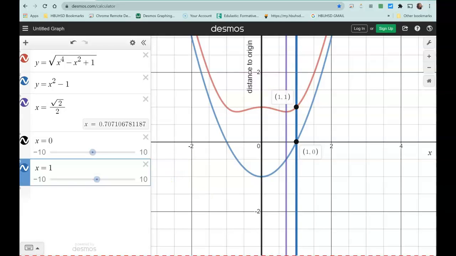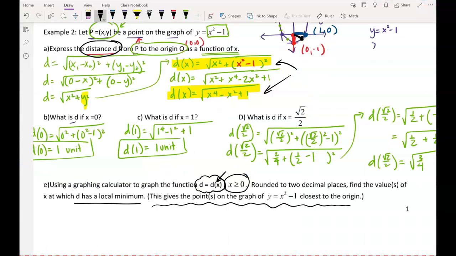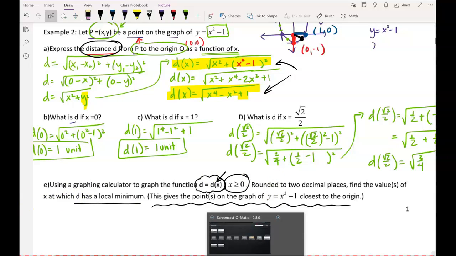So now your question E says, using a graphing calculator to graph the function. We did that, which I would need you guys to sketch it out. For this one, it's asking you guys to use a calculator, then you can use decimal or your calculator as long as you sketch it out, okay? Find the values of x in which d is a minimum. So let's go back to decimal.